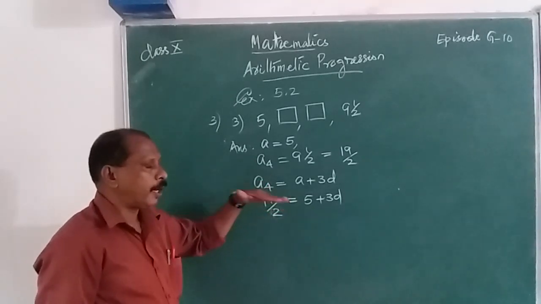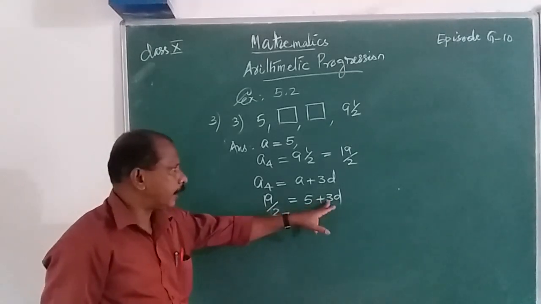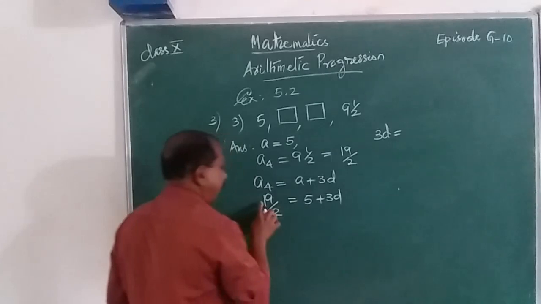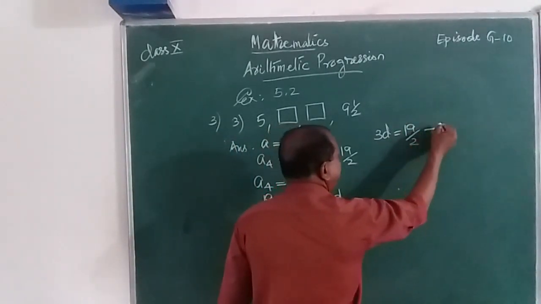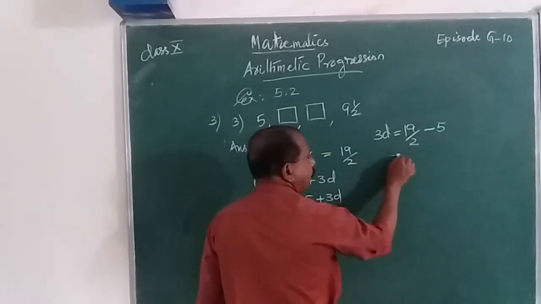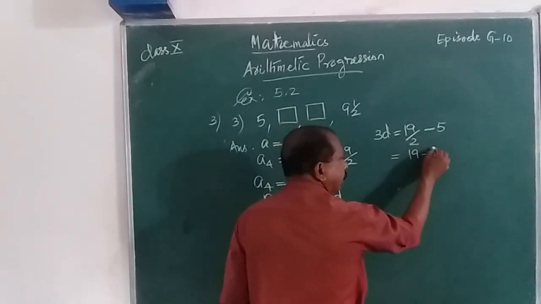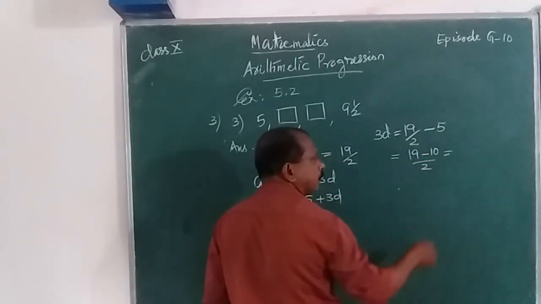Therefore, 3D is equal to 19 by 2 minus 5. Take LCM: 2 into 5 is 10. That is 19 minus 10 divided by 2. 19 minus 10 is 9 by 2.